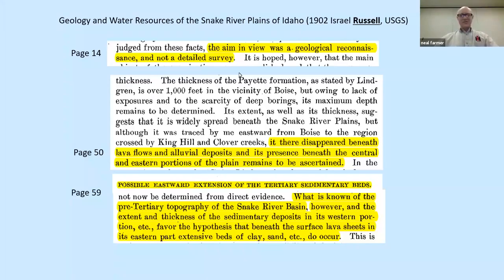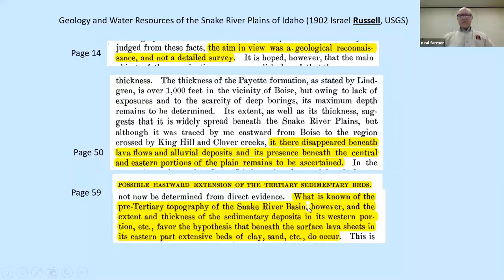He was wondering back then if these lake bed deposits disappeared under the lava flows in the central and eastern plain. He even wrote a section on page 29 about the possible eastward extension of Tertiary sedimentary beds and how they may extend underneath the basalt flows on the eastern Snake River Plain.